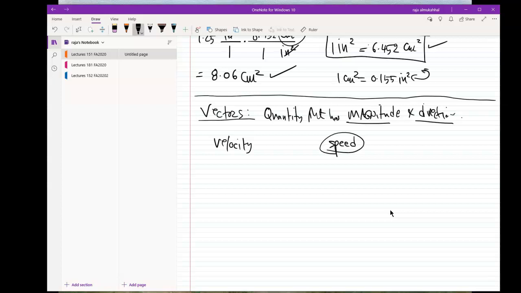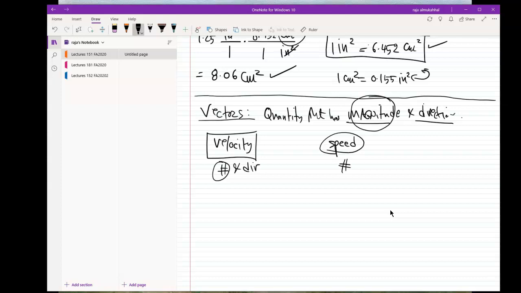But if it says something like you are going 35 miles an hour north, that's velocity. Okay? So velocity is a number and direction, where the speed is only a number, 35 miles an hour. This number is what we refer to as the magnitude, this fancy word.